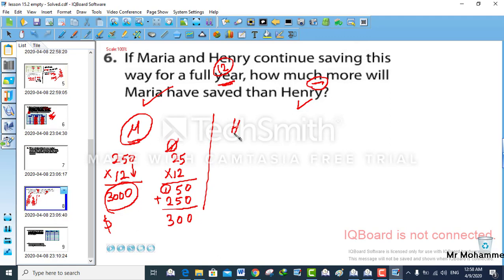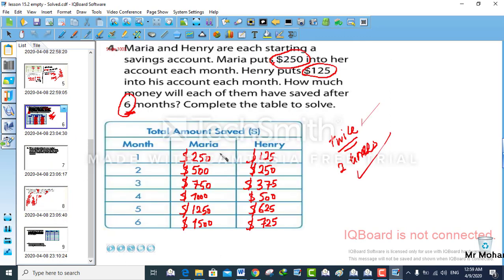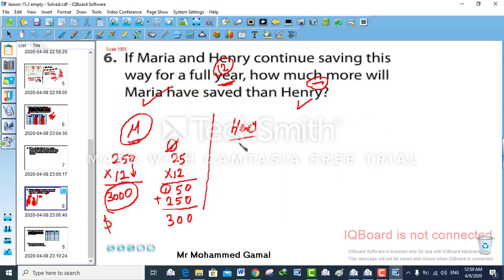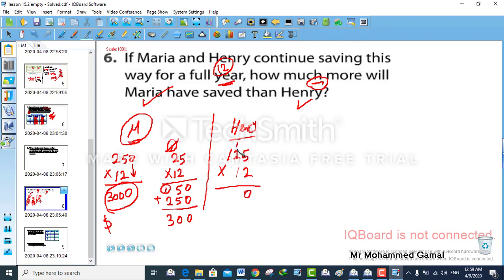For Henry, I'm going to multiply the money of Henry, which is 125, the money that he started with at the beginning of the year. 125 times 12. Let's start with the 2. 2 times 5 is 10. Carry up 1. 2 times 2 is 4, and 1 is 5.